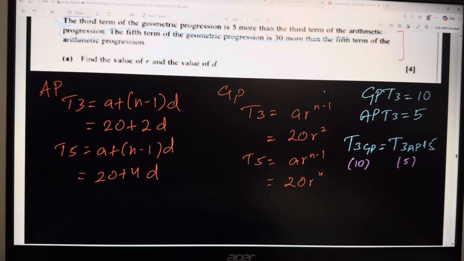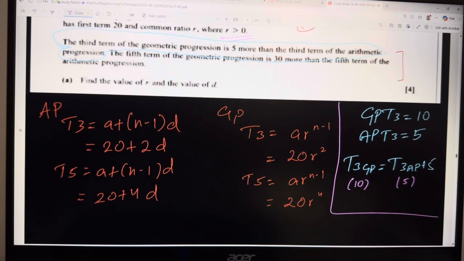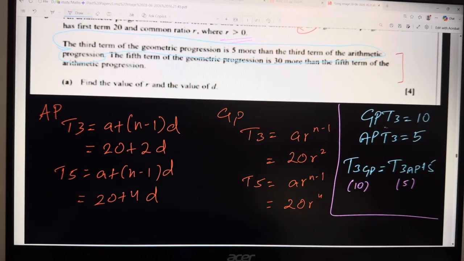This is just an example to understand. It said that the third term of the geometric progression is 5 more, so for them to be equal, I have to add 5 to the arithmetic progression. And again, for the second part, it says that the geometric progression is 30 more, so we're just going to add 30 to the AP.